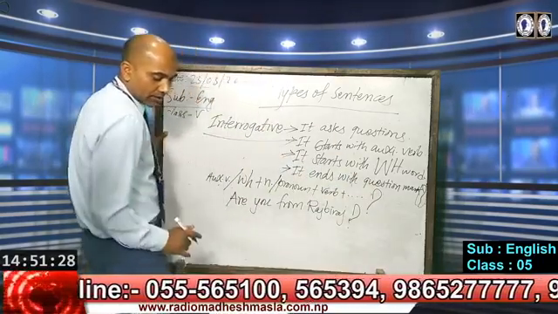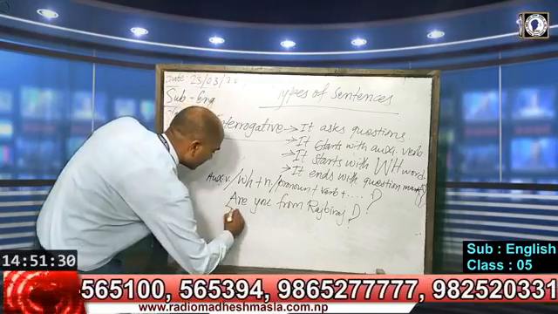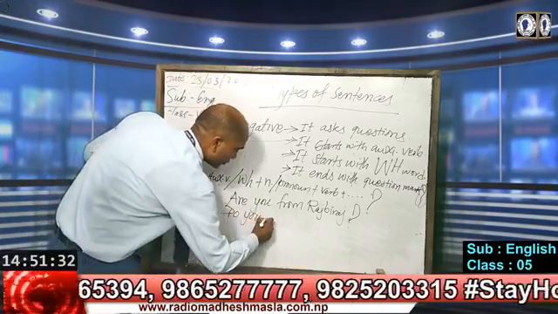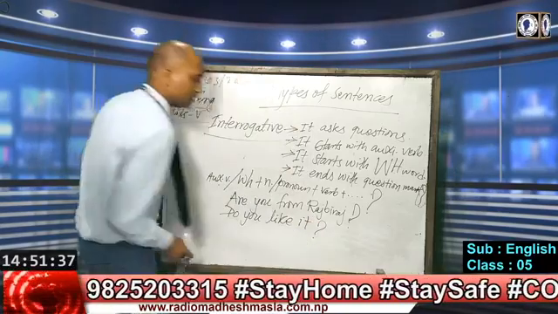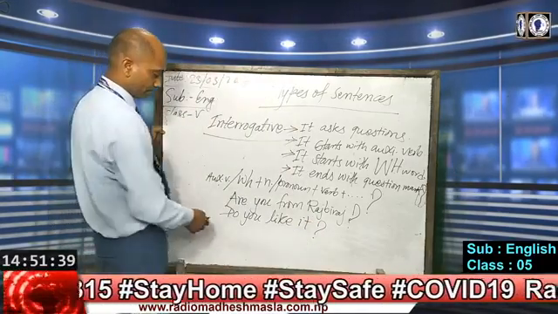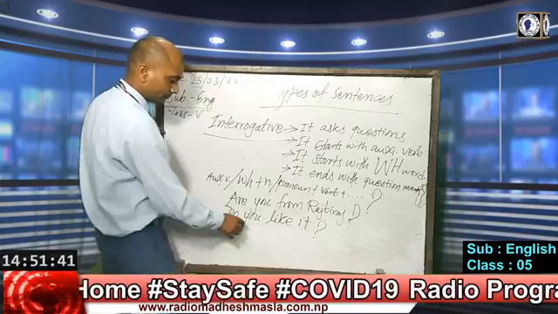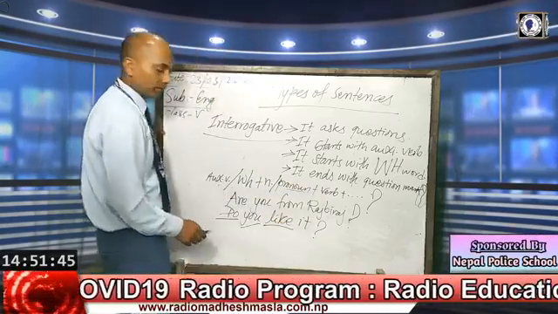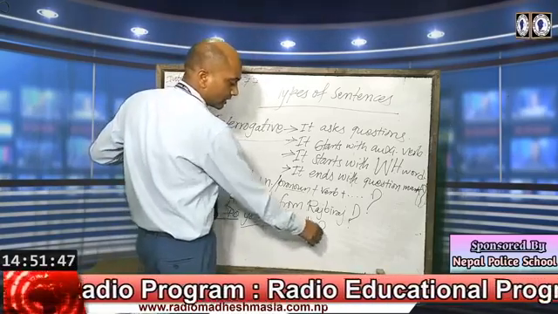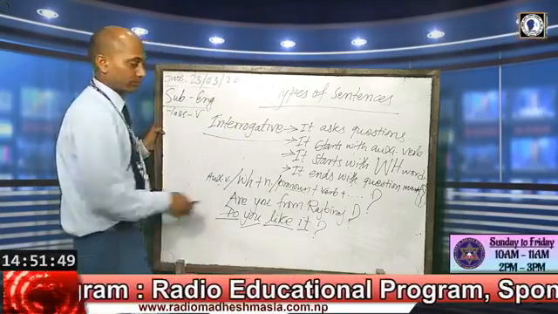Let me give you another example. Do you like it? In the sentence you can see here auxiliary verb, pronoun, main verb, and here object, and then question mark.